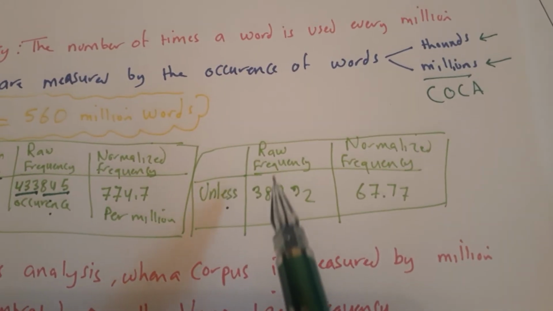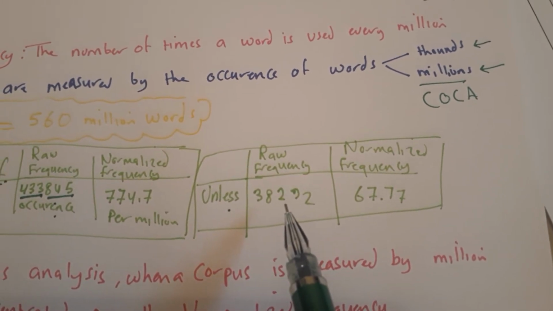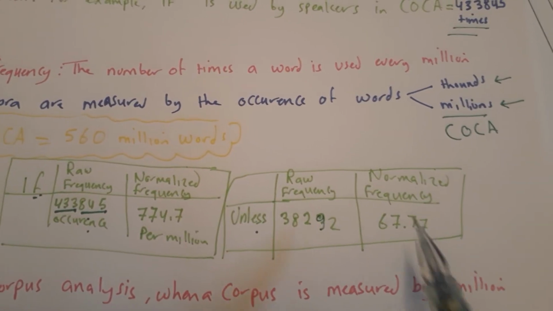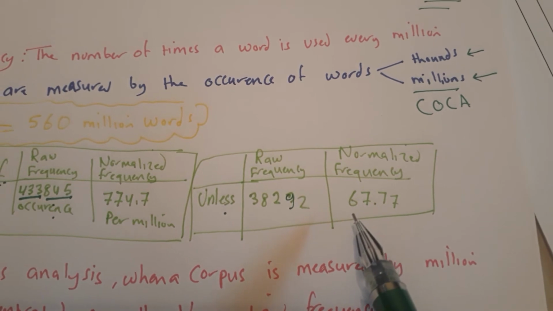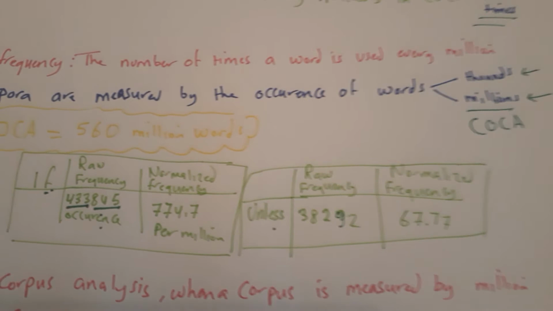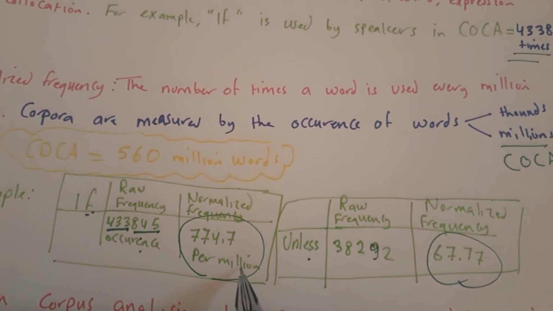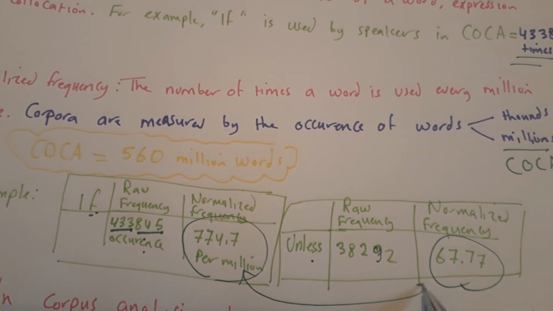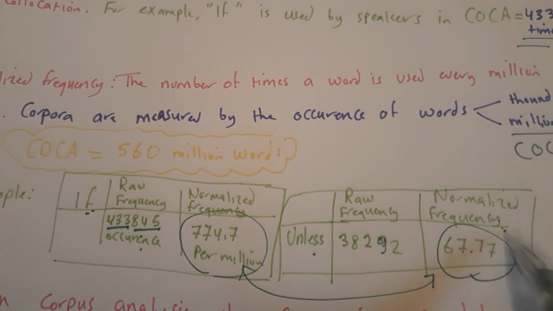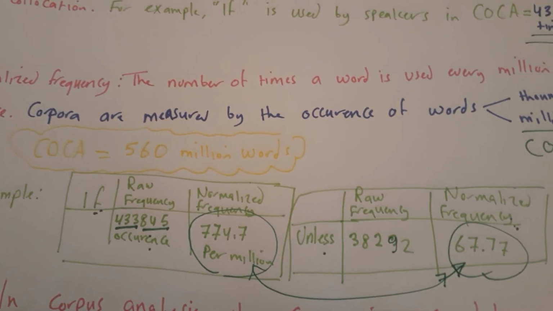Unless occurred about 38,292 times. And the normalized frequency is about 67.77. We depend on the normalized frequency to compare between two verbs, between two conjunctions, between two words, whatever. We look at this frequency because, as you can see, the difference is much clearer. Okay?